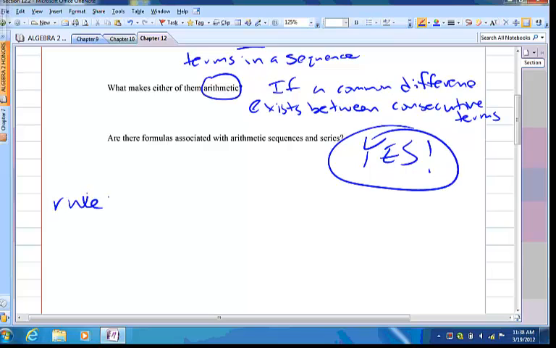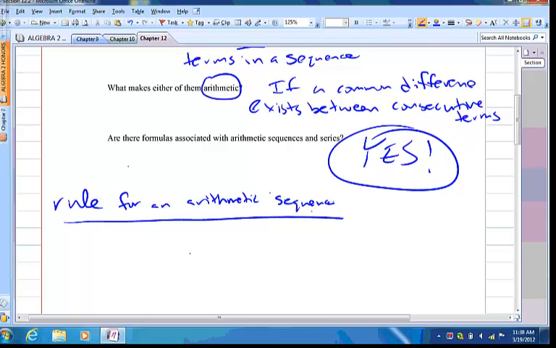So the rule for an arithmetic sequence is the following. A1 is always the first term.